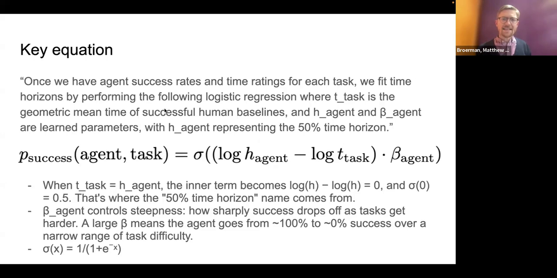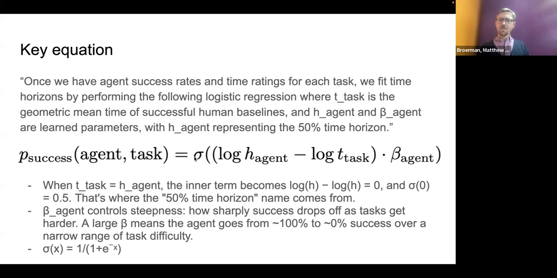So the task time is the geometric mean of the successful human baselines, right? So this is the human minutes. And then we're going to fit this term, and we're going to find parameters for those. When these two are equal, then that is zero.